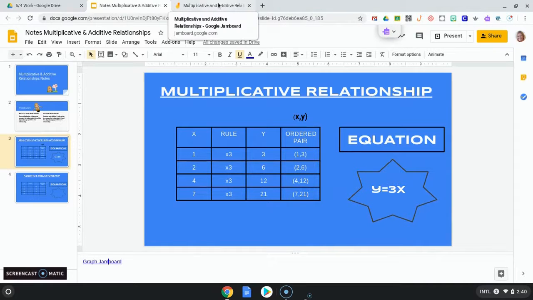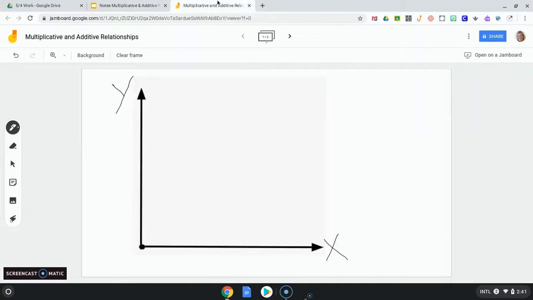We'll go by ones here. So this is 1, 2, 3, 4, 5, 6, 7. And then I'm going to go by threes up here. So this is 3, 6, 9, 12, 15, 18, 21.